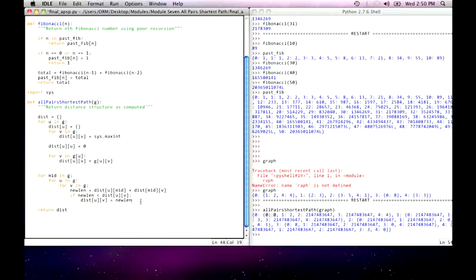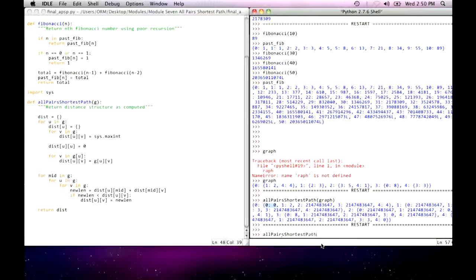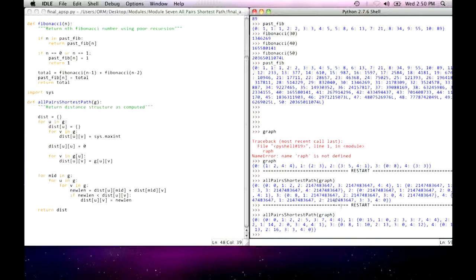The only thing I need to now do is not just compute the shortest distance, but to do the predecessor link so I can actually recover the solution. Let's just verify that this works first, though. The first thing you'll notice is that all the infinities have gone away. That's a sign of a graph that is not just connected, but you can actually get from every vertex to every other vertex.